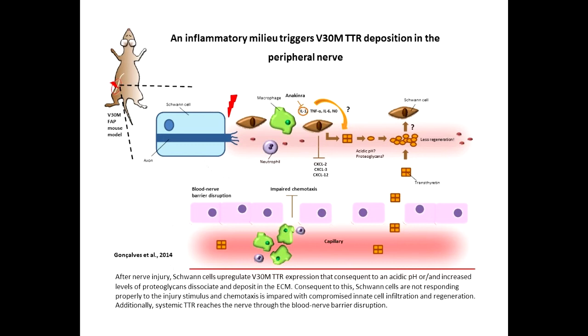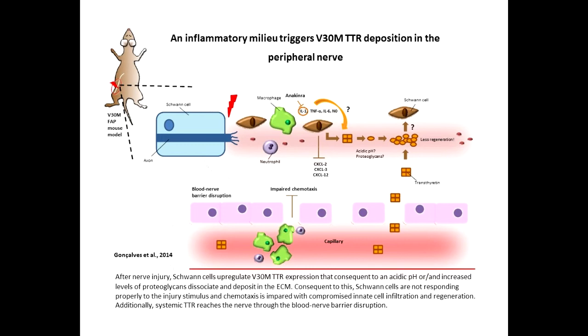We know that, and different molecules, neutrophils, and so on. And we saw different molecules being increased, like IL-1 or so, and, as I'll show in the pictures, that this stimulus promoted incredible deposition of TTR in the nerve.